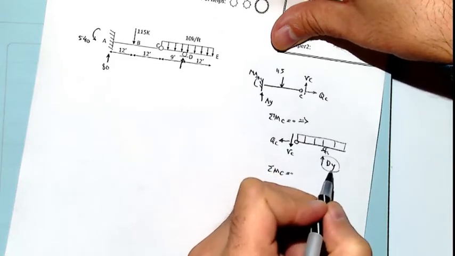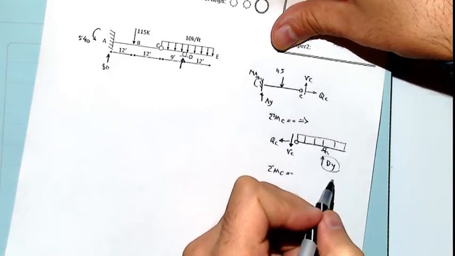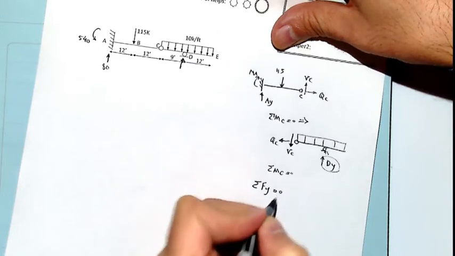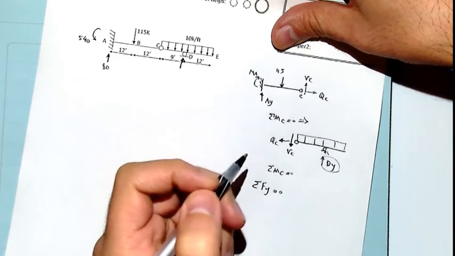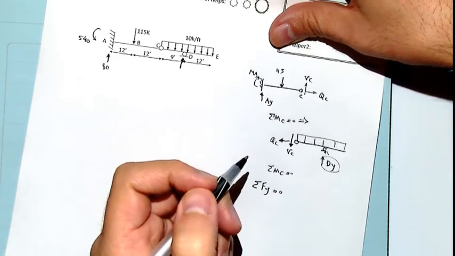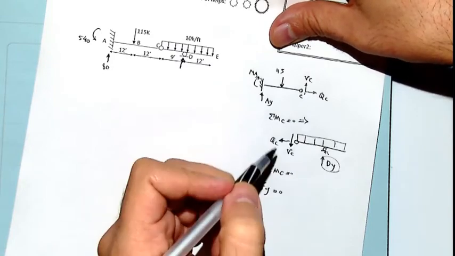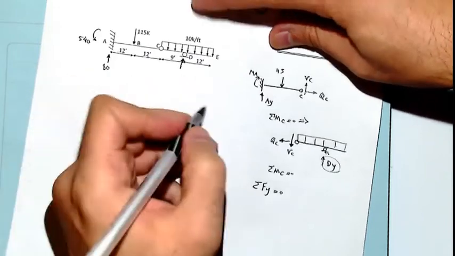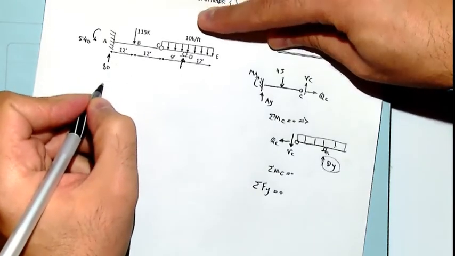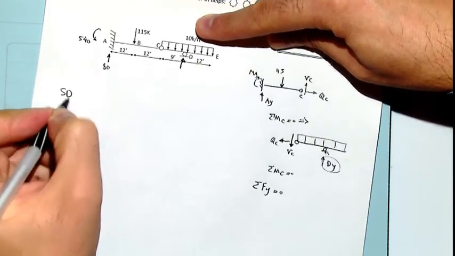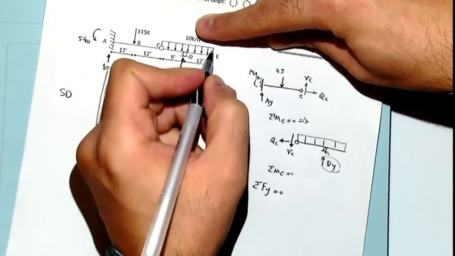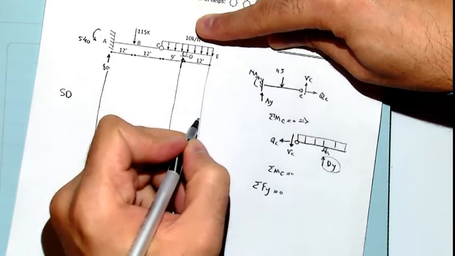So we derive DY, and we can add another sigma Fy equals 0, and by two equations and 2 unknowns, we can derive AY and MA. Now we already derived it, and the goal is just to concentrate on the shear diagram and bending moment diagram. That's why I don't go through detail here.